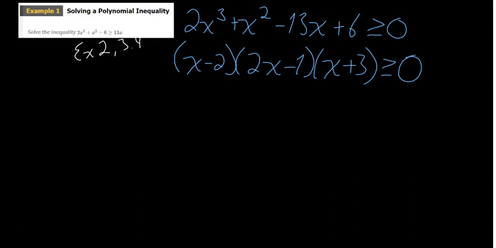You can't really see that 4 because for some reason I've decided to write white on white. All right, there we go. So this is what we factored this polynomial into in example 2, section 3.4. So now let's make a number line.